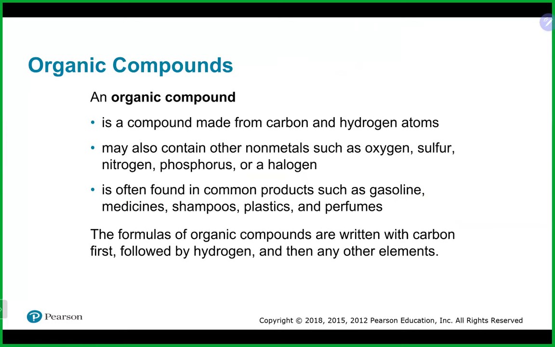And again, along the way, we will substitute out hydrogen for other elements like oxygen, sulfur, nitrogen, phosphorus. Everybody in group 7, those halogens, get into organic a lot. A lot of organic compounds are found in things like gasoline, shampoos, medicine. That's pretty much what gasoline is.